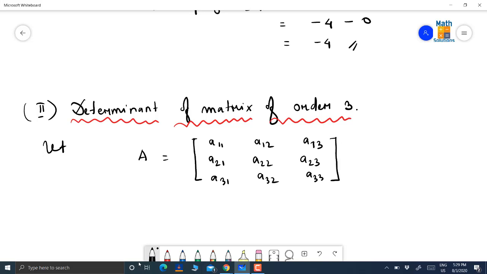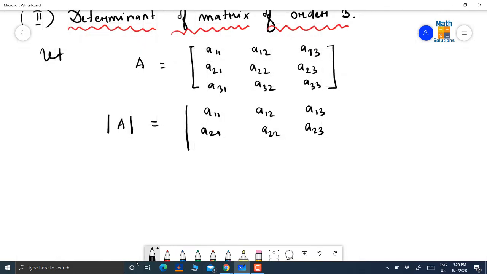This is the way we can write the standard form of an order 3 matrix. And the determinant will take this form: A11, A12, A13, A21, A22, A23, then proceeding with the later part, A31, A32, A33.